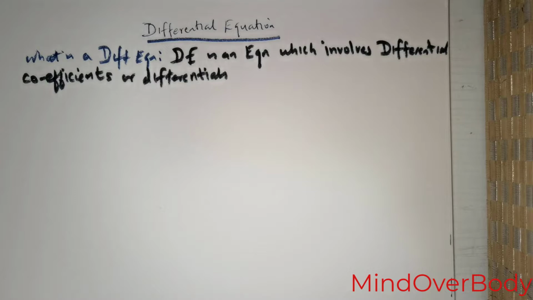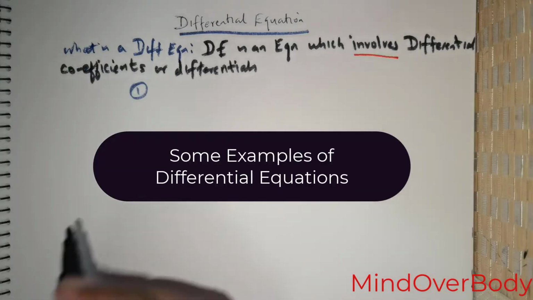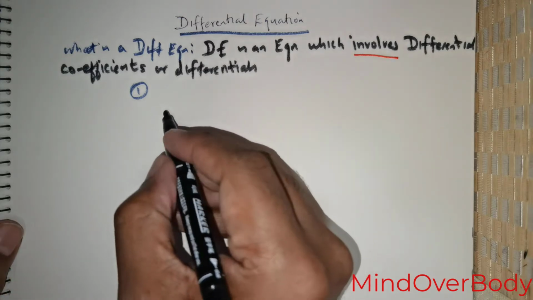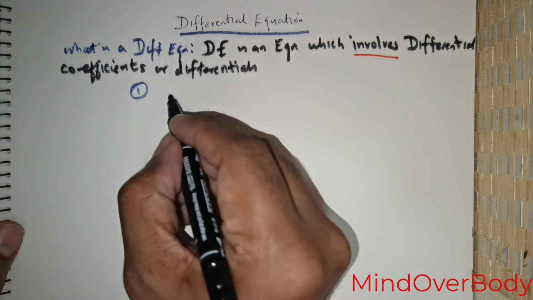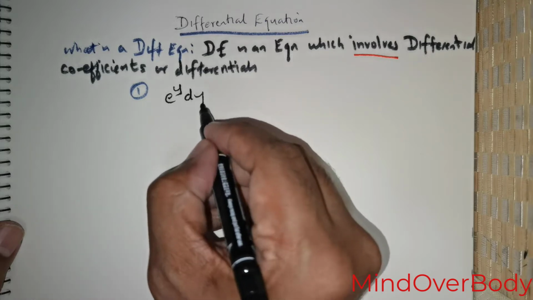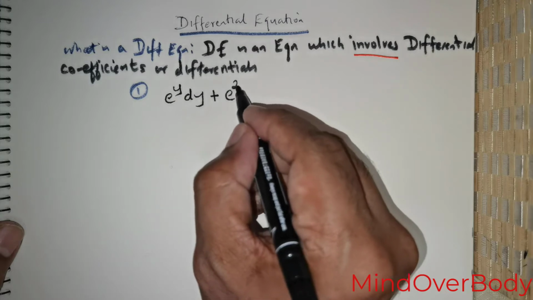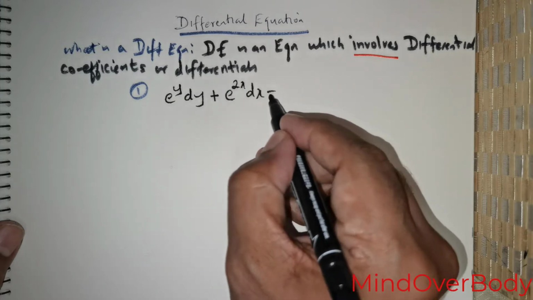So having given this definition, we will see some examples. I'm going to be listing out a few examples. The first example would be e to the power of y times dy plus e raised to the power of, say, 2x dx is equal to 0.